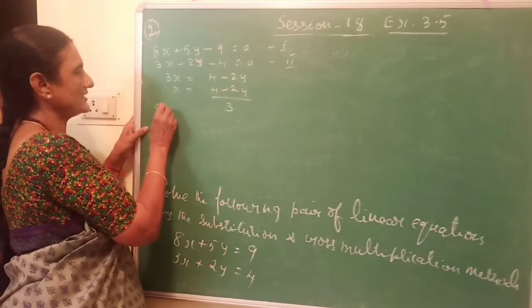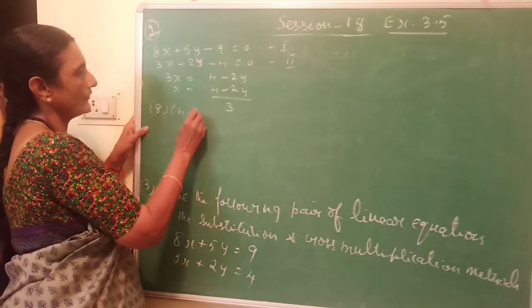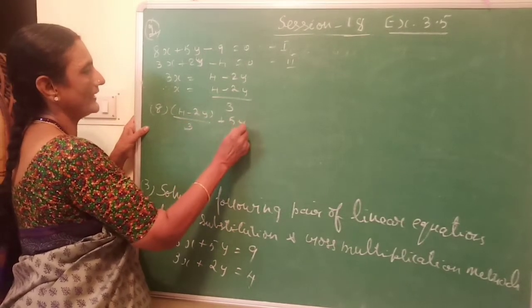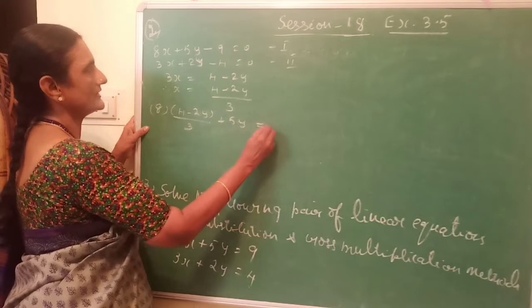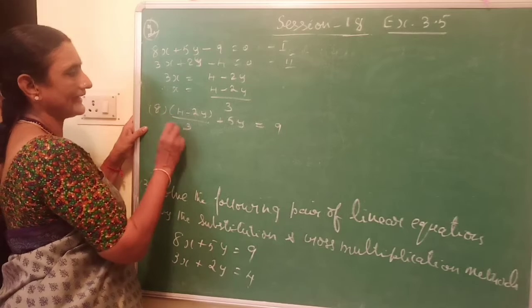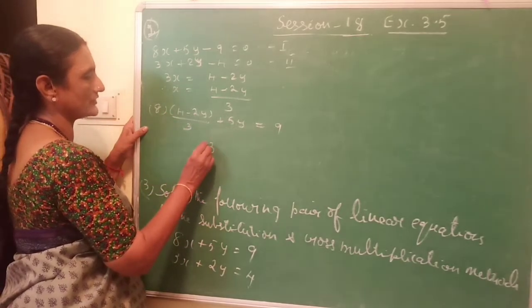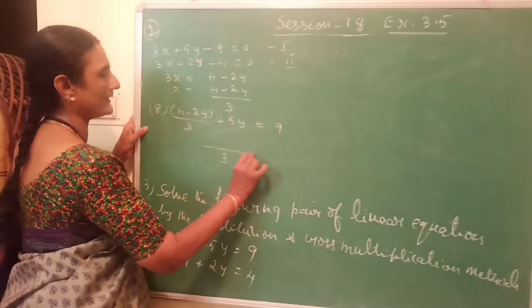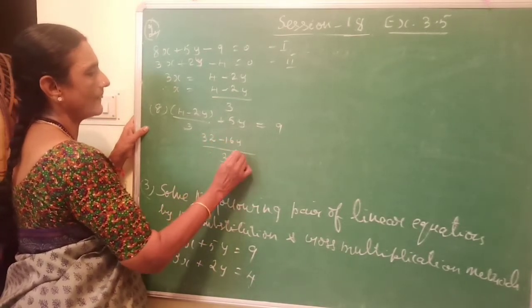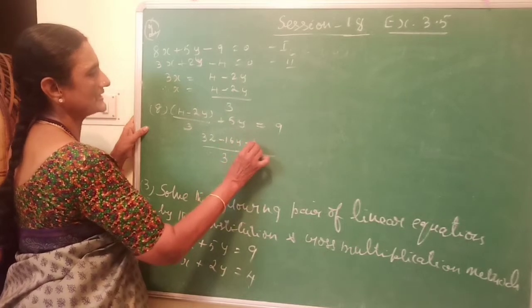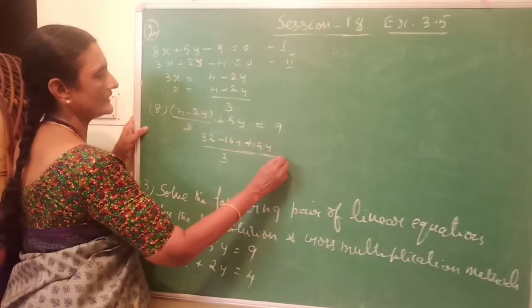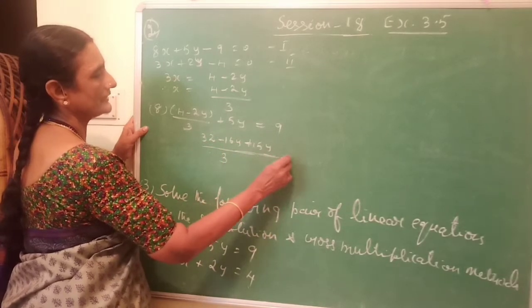So if you substitute, 8 into (4 minus 2y) by 3 plus 5y is equal to 9, we can write. Now here it cannot get cancelled, so you should take the common denominator. So if you take the common denominator, we have got 32 minus 16y, and then here it is plus 15y, and then is equal to 9, so this is 27.